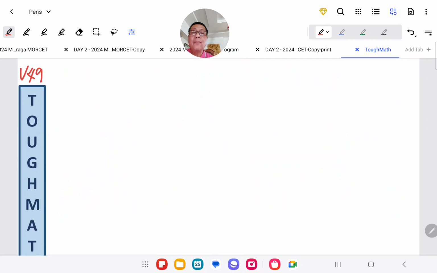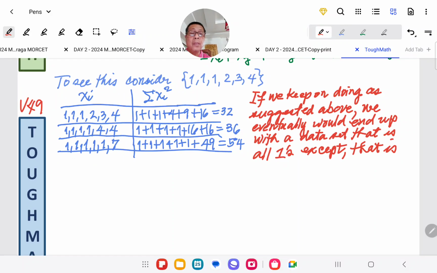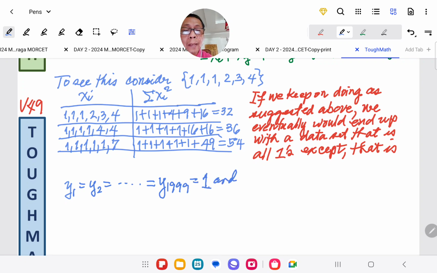Okay, so if we call the new values y sub i, then we now have y sub 1 equals y sub 2 equals, and so on until the second to the last, which is y sub 1999, all of this equal to 1, and the last one, y sub 2000, is the only value which is greater than 1.